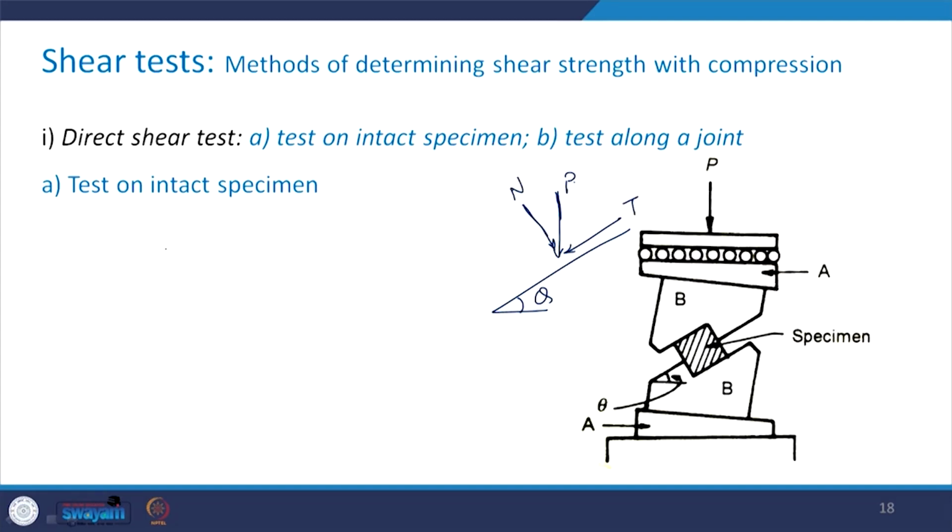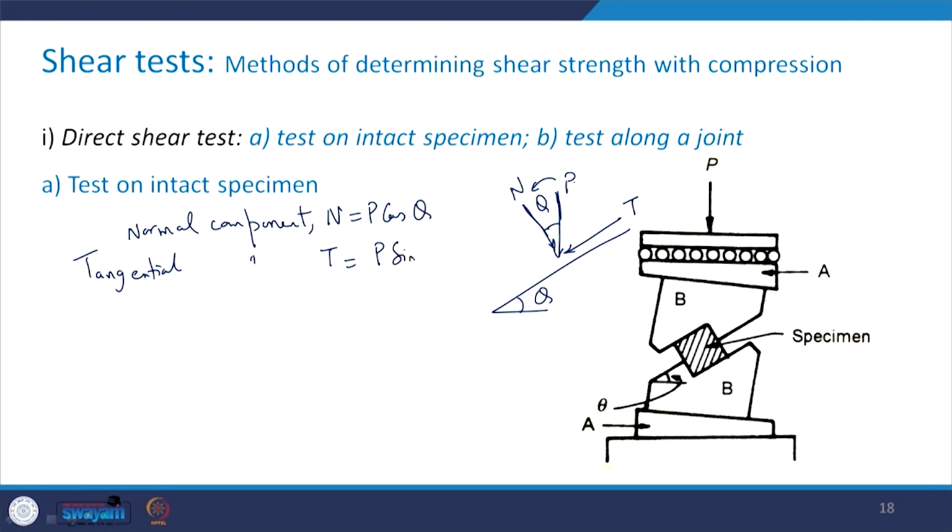So, the normal component, which is say N, see this angle is theta. So, this angle will also be theta. So, its component will be P cos theta, and then we have the tangential component, that is T, which will be P sin theta. Now, the area along which the failure is assumed to occur is L by D.